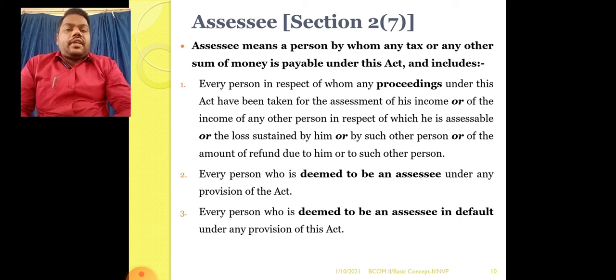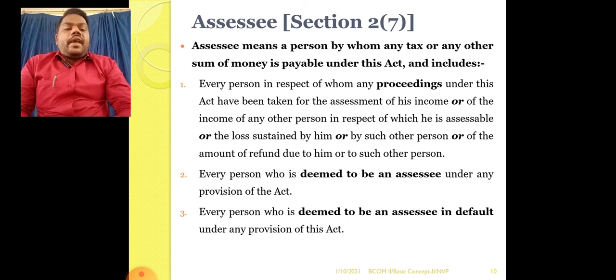includes certain things. Number one, every person in respect of whom any proceedings under this Act have been taken for the assessment of his income or of the income of any other person in respect of which he is assessable, or the loss sustained by him or by such other person, or of the amount of refund due to him or to such other person.